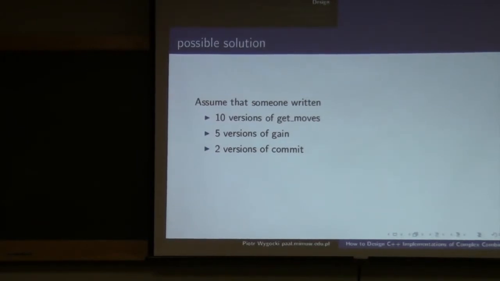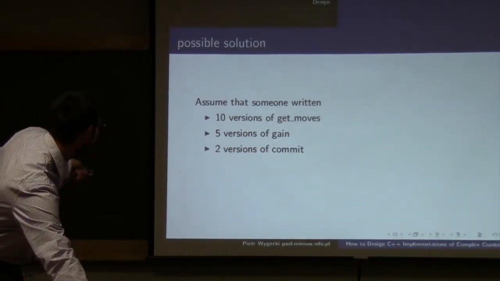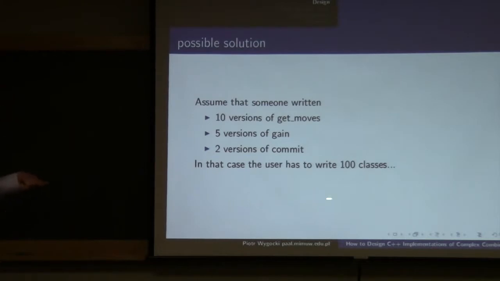So you very often write many versions of this get moves functor, many versions of gain, and many versions of commit, and you try to mix them together, combine them. And if you wanted to use this object-oriented approach, you would have to write 100 classes, because you essentially need all of these combinations. There are some ways of reducing that, and this is not very nice.